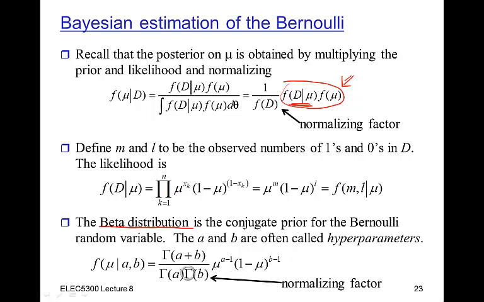So this is just a normalizing factor, and the rest is what's important. We can already see that if I take this and multiply it by this, I'm going to get something similar. So let's take a look at this beta distribution in a little bit more detail.